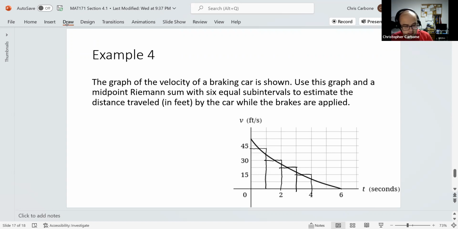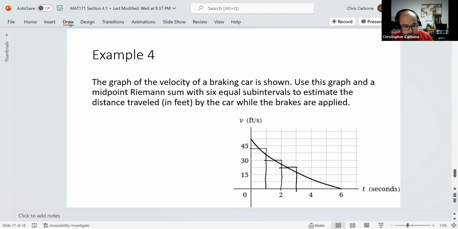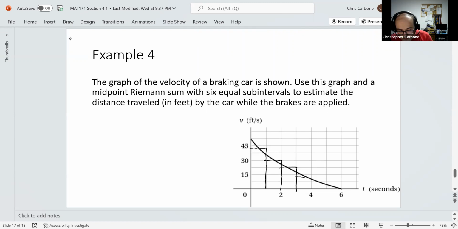And that one's actually not drawn as a midpoint. There we go, that's better. Okay, so this would be M sub 6.